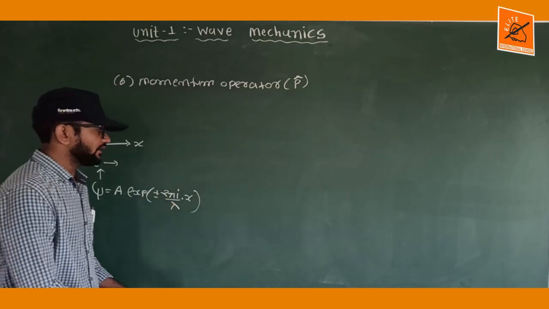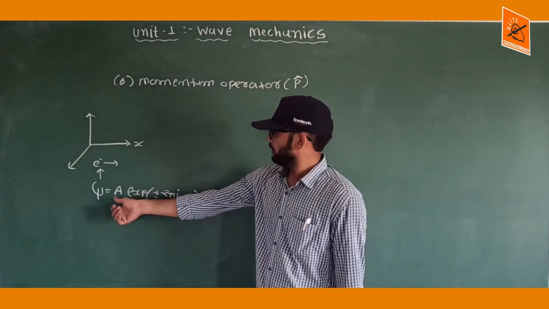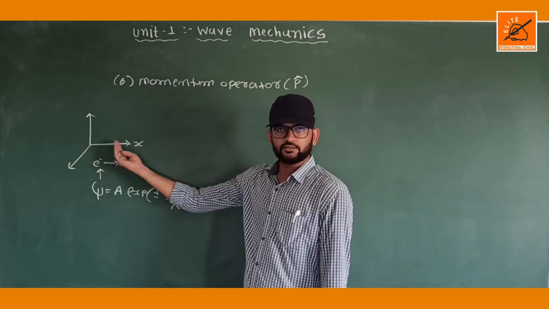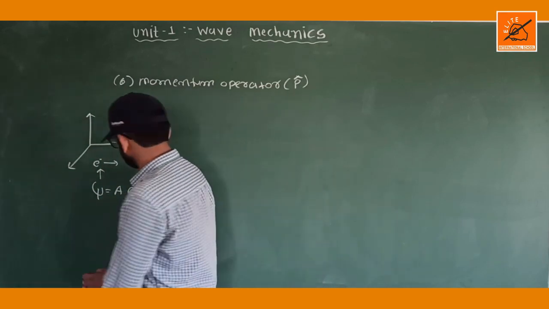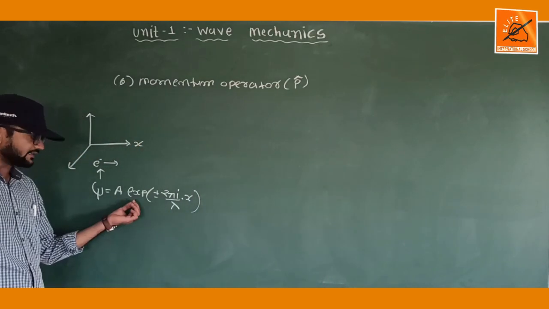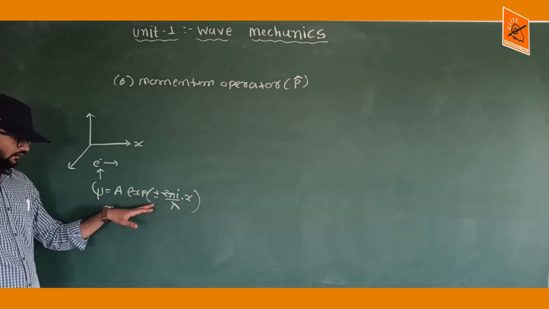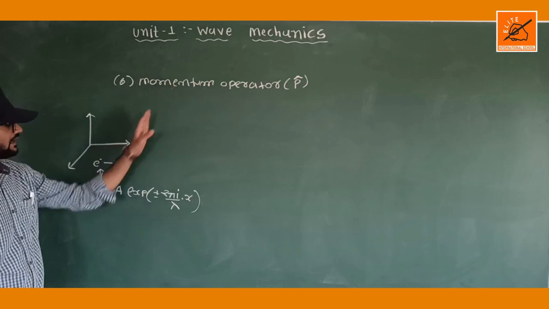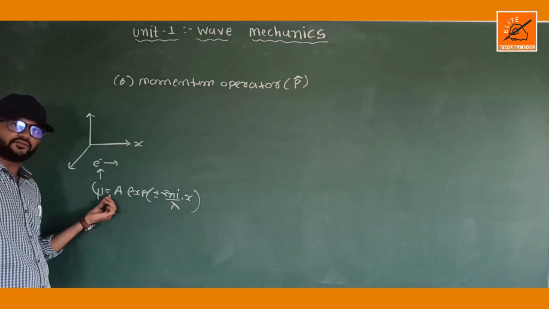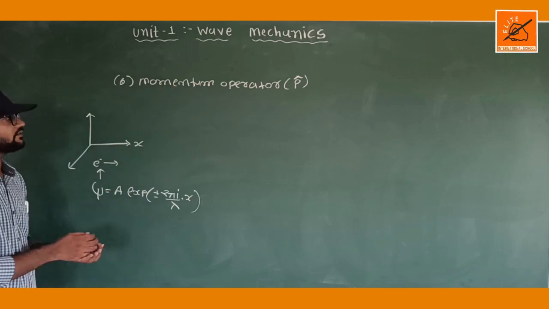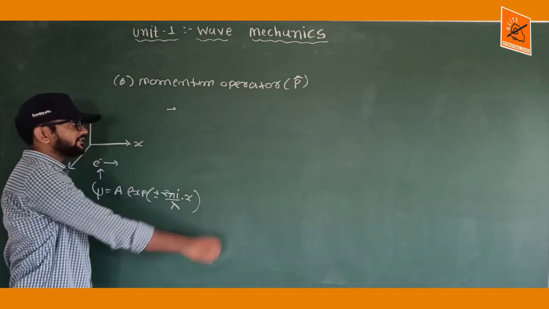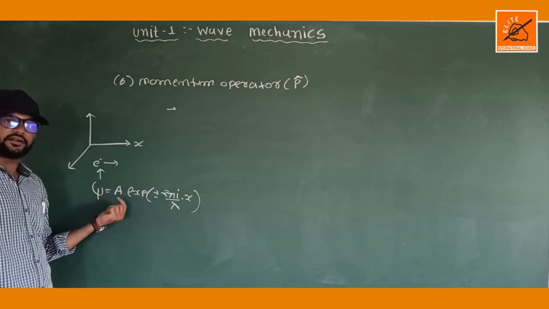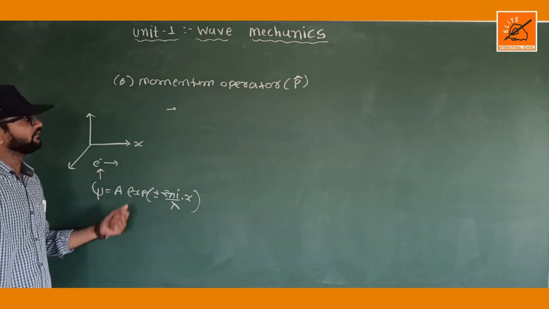This is the wave function of any microscopic particle like an electron traveling along the x direction. This mathematical expression is derived in quantum physics, so in this theory we directly accept the wave function of the electron. Now the momentum operator can be derived from the fundamental property of the electron wave itself.